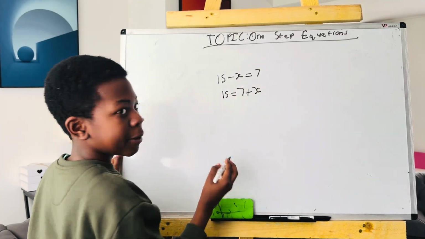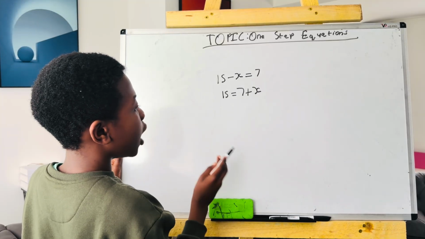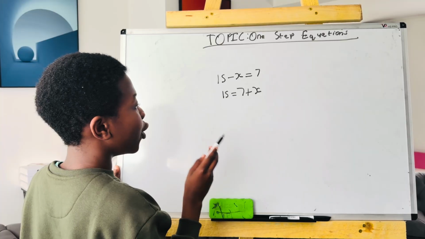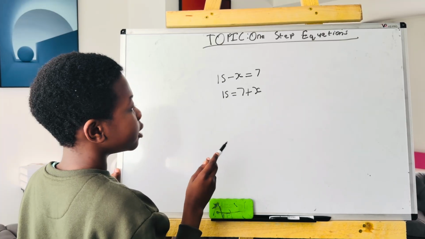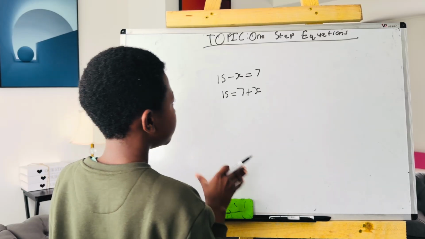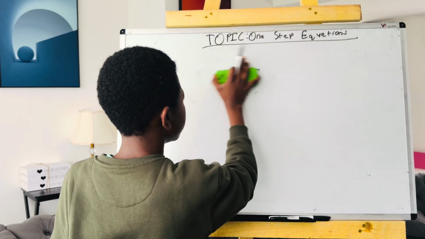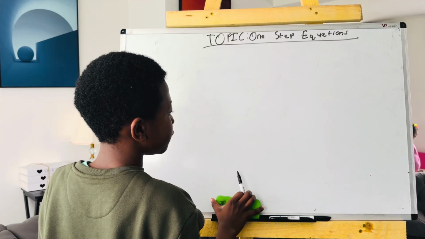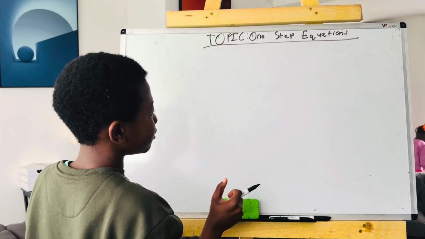And another tip is that x can be on any side of the equation, but it must be alone by itself, and it must not be in the negative form. So whenever you're doing an equation, you always have to make the x positive, even if the answer is negative.